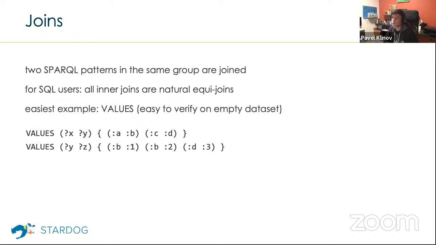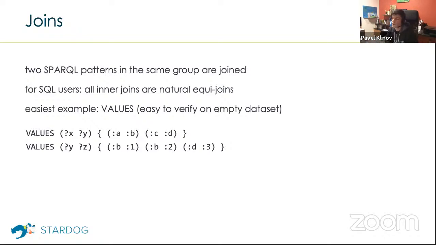But anyway, back to joins. If you're not familiar with SPARQL, but you're familiar with SQL and how joins work in SQL, then you might think of SPARQL joins as natural equijoins in SQL. In SQL, joins have an explicit join condition most of the time: you write join table A on table B on, and then you specify the condition.